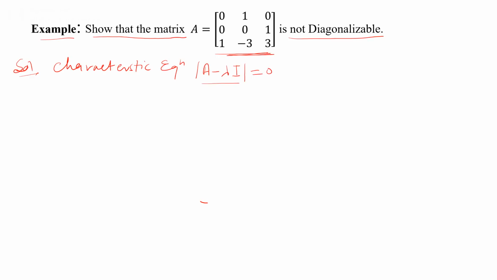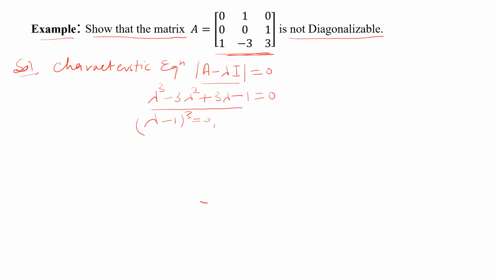When we expand this, I'm writing directly the equation: lambda cubed minus 3 lambda squared plus 3 lambda minus 1 is equal to 0. After solving that, we obtain the eigenvalues, that is, (lambda minus 1) whole cube is equal to 0.